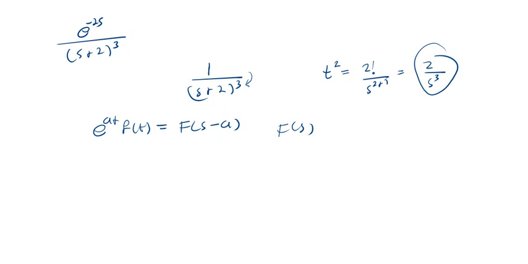It's supposed to be e to the minus at, meaning your a is a negative value. So you had e to the minus 2 because you have a 2 here. It's simply a 2, so that would be e to the minus 2t, then t to the power 2, like that.